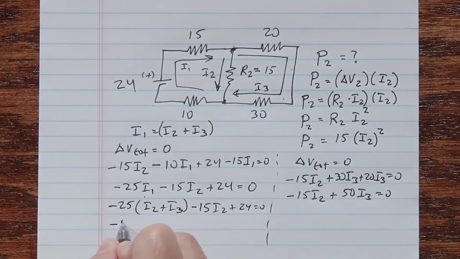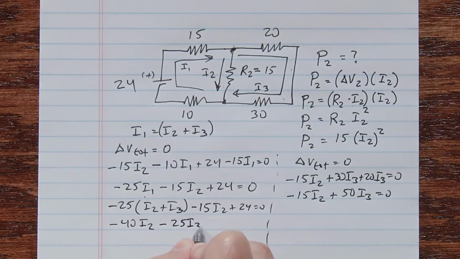That gives me minus 40 I2. And then I have minus 25 I3. And then plus 24 is equal to 0. And so I have an equation with I2 and I3.